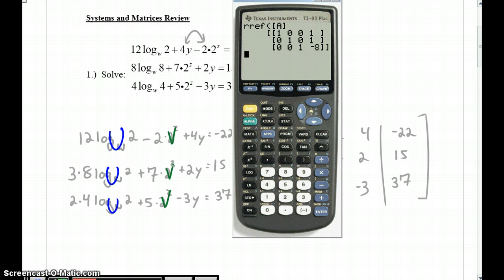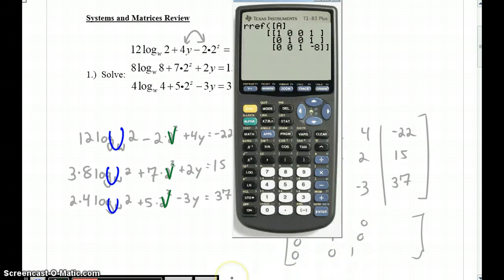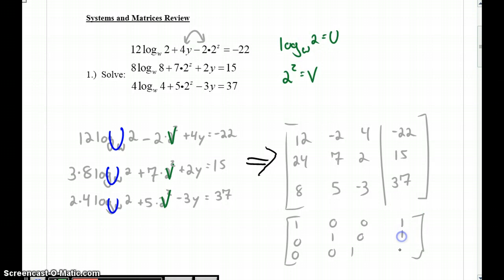So this simplifies to 1, 0, 0, 0, 1, 0, 0, 0, 1, and the numbers in there are 1, 1, and negative 8.